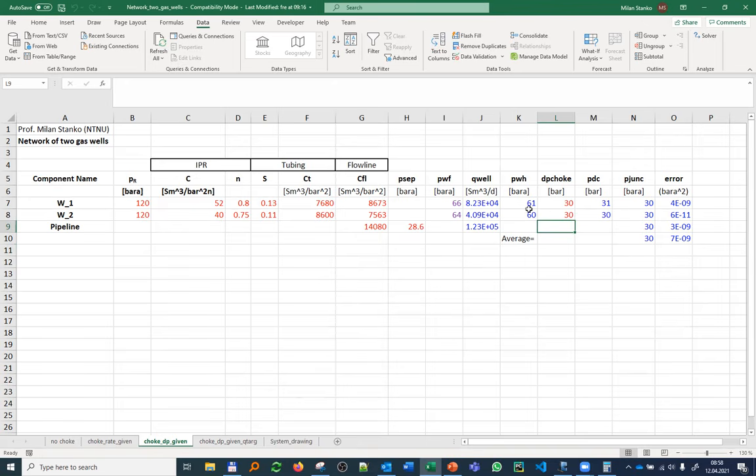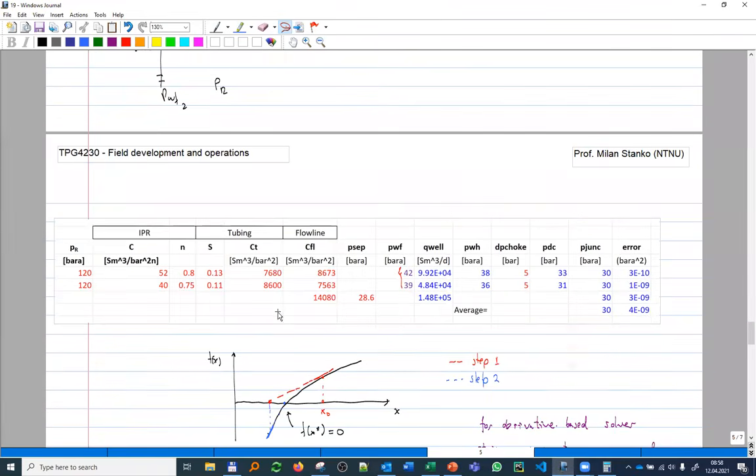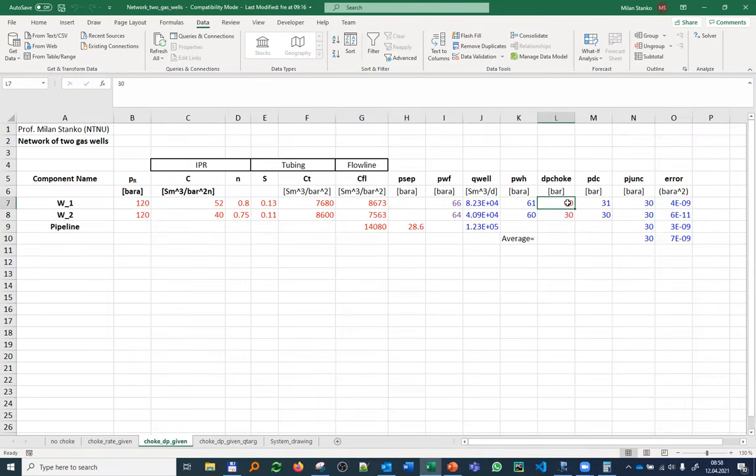And that's the way commercial software works, that you give this delta P and then you calculate the rate. So let's see, these are what I did previously, and actually here I put 5 as delta P, so let's check with 5, what do we get? Much lower.